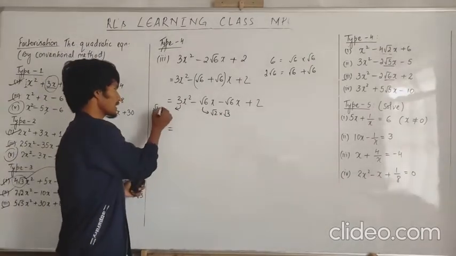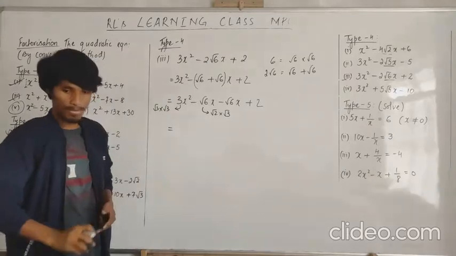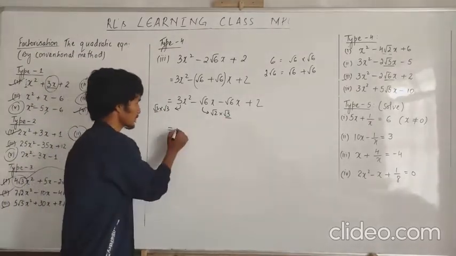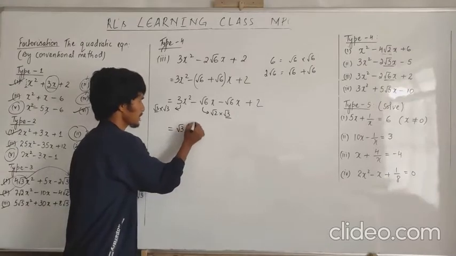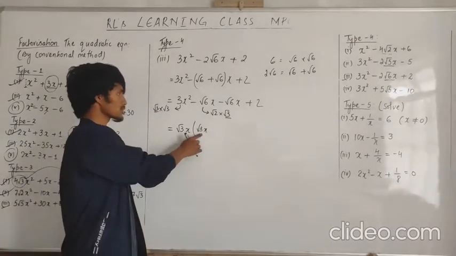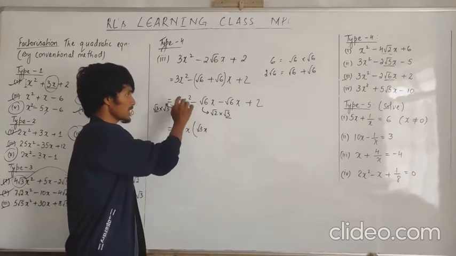But this 3 I can write as root 3 into root 3. Here root 3 and here also root 3, I can take root 3 x as the common, and left here root 3 x. Now root 3 into root 3 is 3, and x into x is x squared.